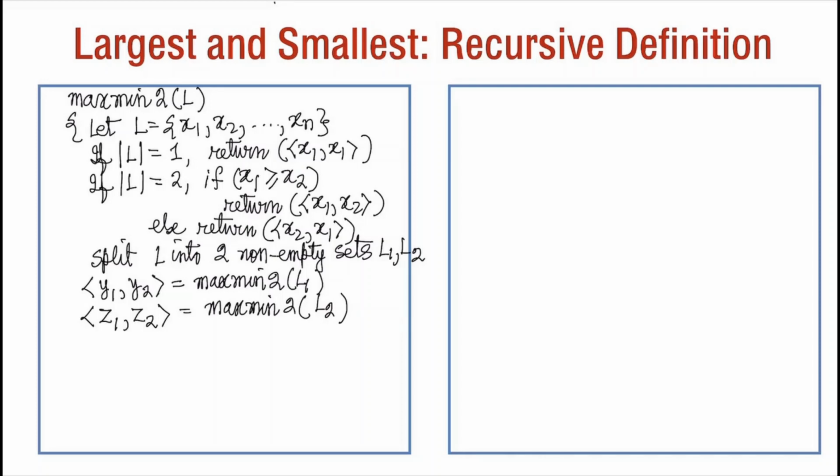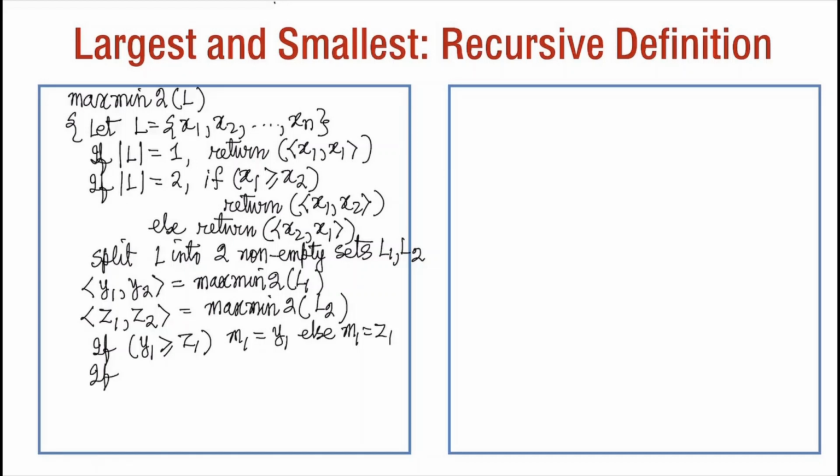Now it is easy for us. We now need to compare only y1 and z1, and y2 and z2. So for us, if y1 is greater than or equal to z1, M1 equal to y1, else M1 equal to z1.